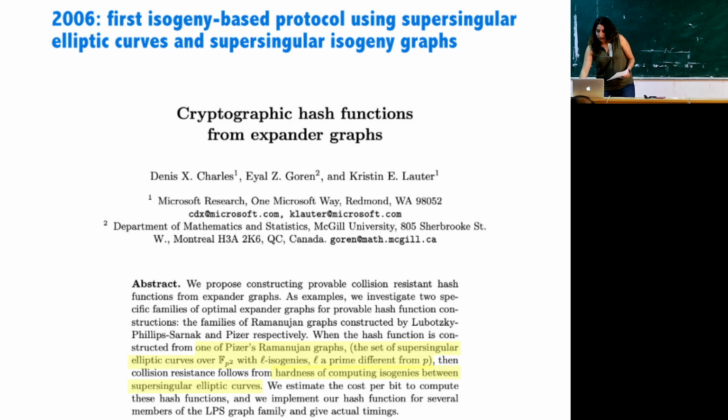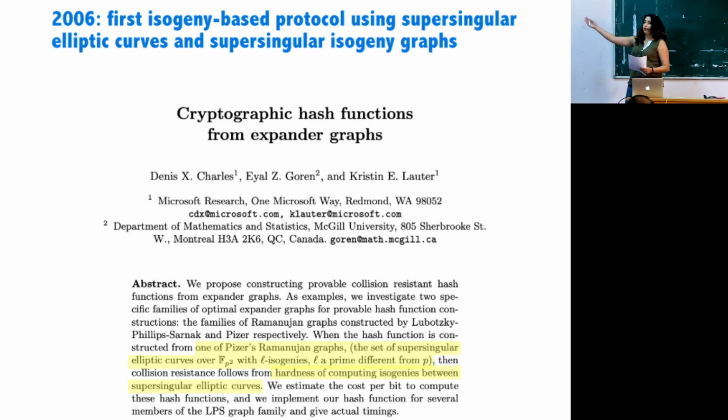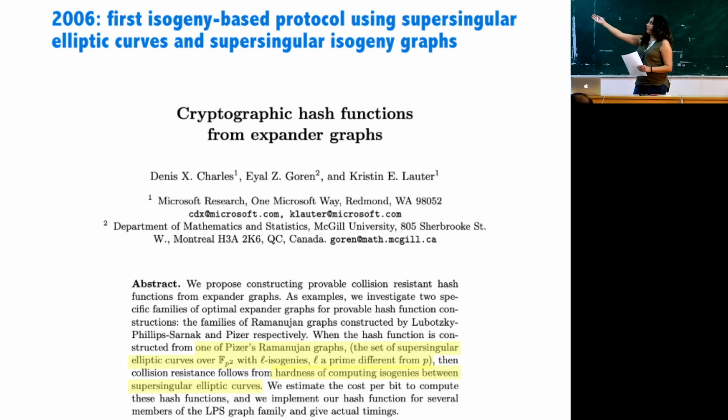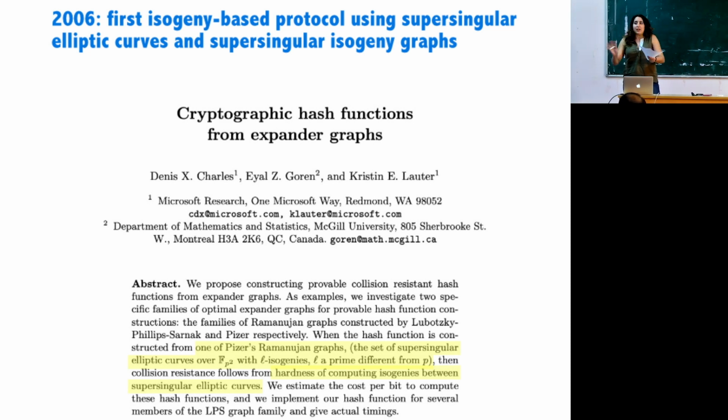Okay, now we want to use the supersingular isogeny graph to define a hash function. So I go back to the paper we are referring to, in case you want to read the details. We said that this is the first isogeny-based protocol using supersingular elliptic curves and in particular supersingular isogeny graphs. And very quickly, we recall what a hash function is, okay?